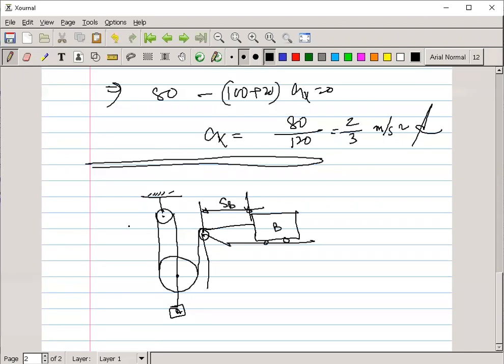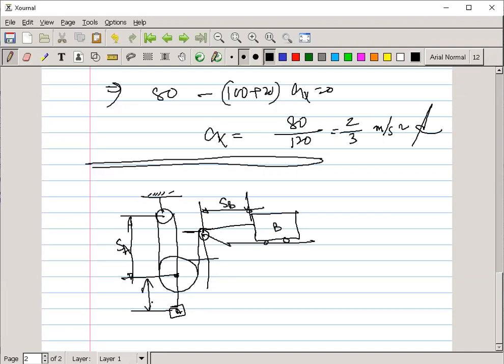They say that this is the length, as well as this is the length. Here you can see that this length and this length are equal.